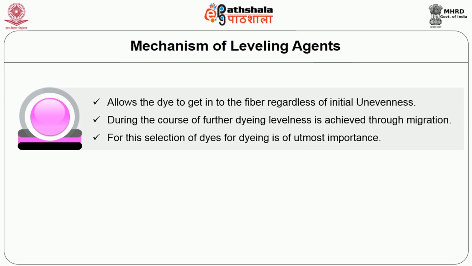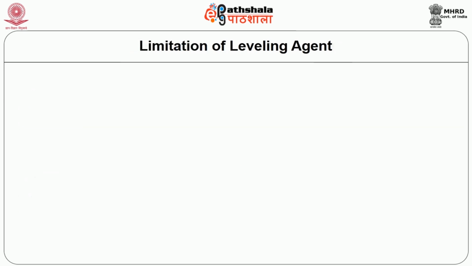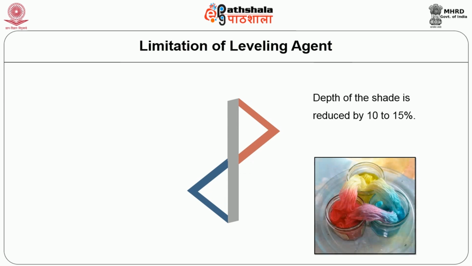The leveling agent first allows the dye to get into the fiber regardless of initial unevenness. During the course of further dyeing, levelness is achieved through migration. For this, selection of dyes for dyeing is of utmost importance, or it controls or retards the rate of dyeing throughout the dyeing cycle. Sometimes the leveling agent acts in both ways.